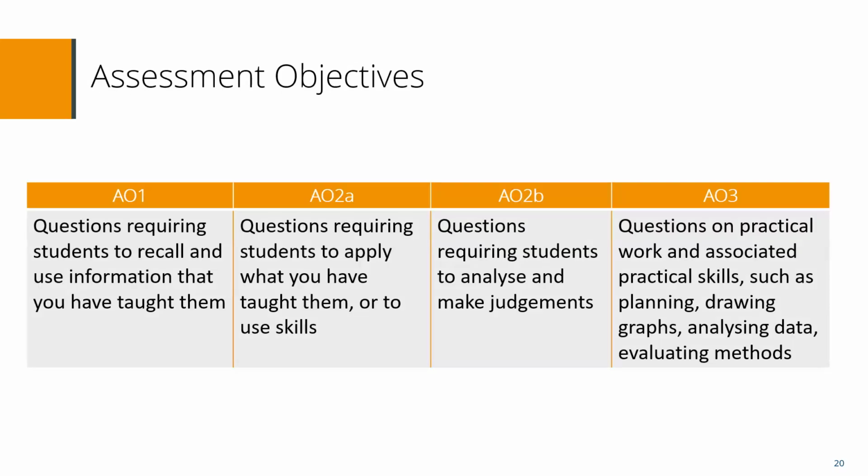The way in which we make the exams fairer from one year to the next is that there are a certain percentage number of marks that have to be made available on any exam paper. They have to be set on any exam paper for AO1, AO2, and AO3. And because that percentage is fixed, one paper from one year to the next will contain roughly the same percentage of marks for AO1, AO2, and AO3.